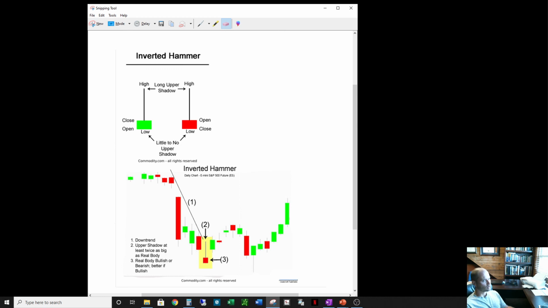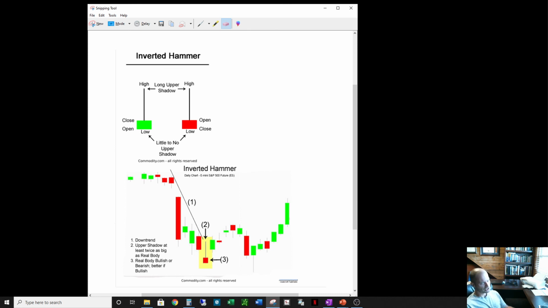For this pattern, it's very important to realize that it's a potential price trend change, and that it is not a signal in and of itself to buy. If you open a trade on this candle, you want to open it small to begin with, and if you get your confirmation, then you can add to your position if you feel like it.